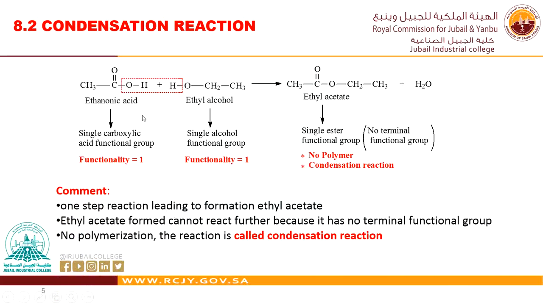A one-step reaction, because it is just a combination of A and B to give what? Ethyl acetate. Ethyl acetate cannot react further because it has no terminal functional group. When you look at it, there's no functional group at this end, there's no functional group at this end. So in that case, we say no polymerization, and the reaction is called condensation reaction. So in summary, if you have functionality equal to 1 plus functionality equal to 1, no polymerization.